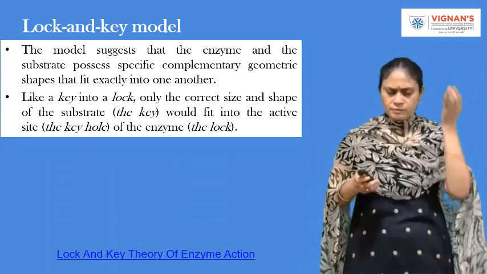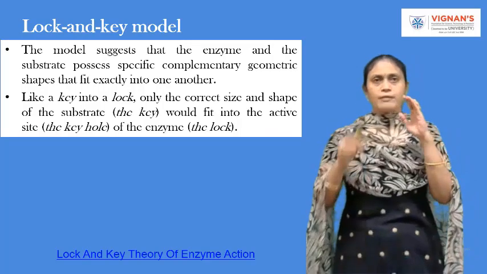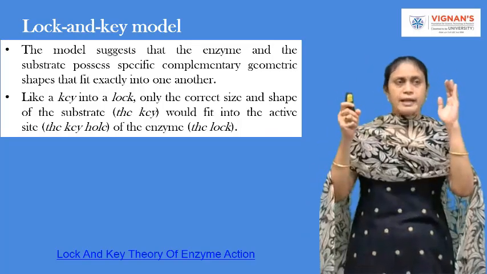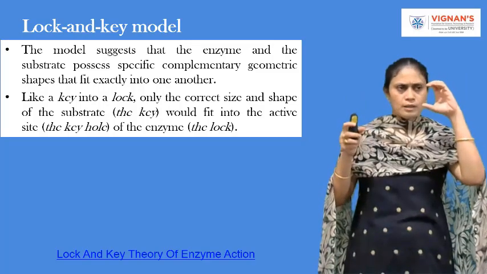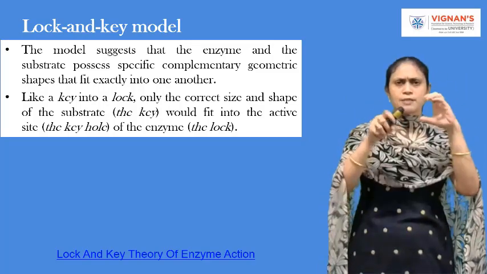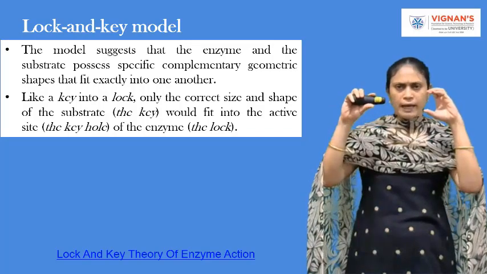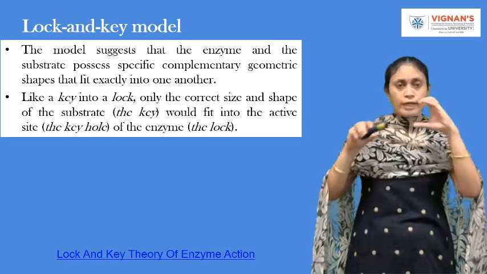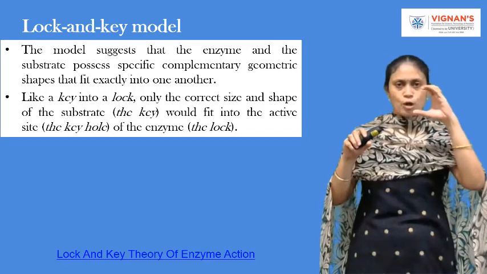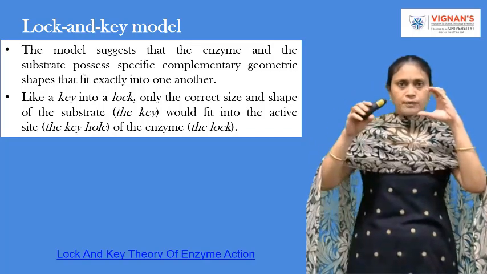According to Emil Fisher, he assumed enzyme and substrate as lock and key. For example, if you consider a lock, every lock will have a specific key, and the key will have the exact size and shape that fits into the lock. So he assumed enzyme as the lock and substrate as the key.